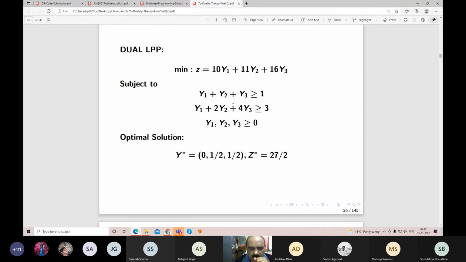Now here, as you observe, in this problem we have already taken y1 0, y2 0. So y3 greater than or equal to 1. Then with y1 0, y2 0, 4y3 greater than or equal to 3, so y3 greater than or equal to 3 by 4.